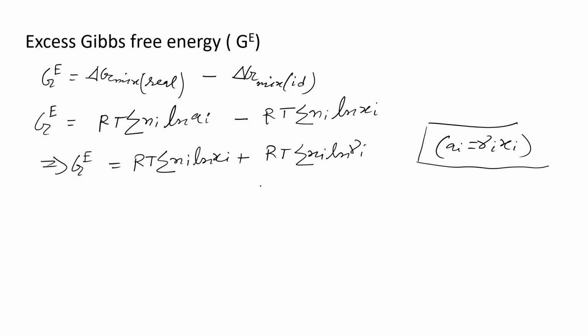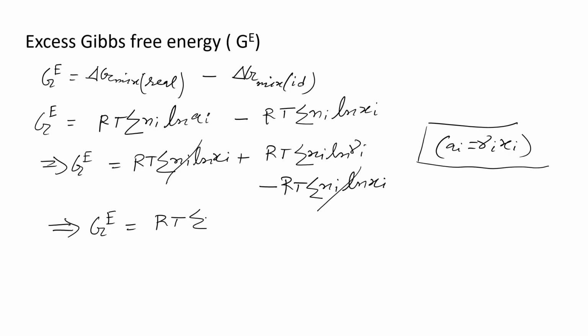And then minus RT summation of Ni ln Xi. So RT summation of Ni ln Xi gets cancelled. So the excess free energy function will be equal to RT summation of Ni ln gamma i.